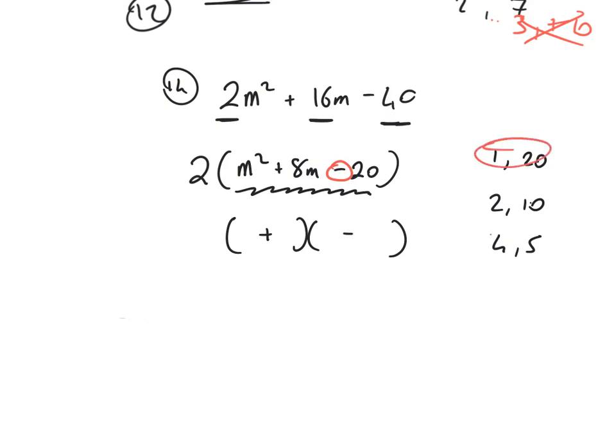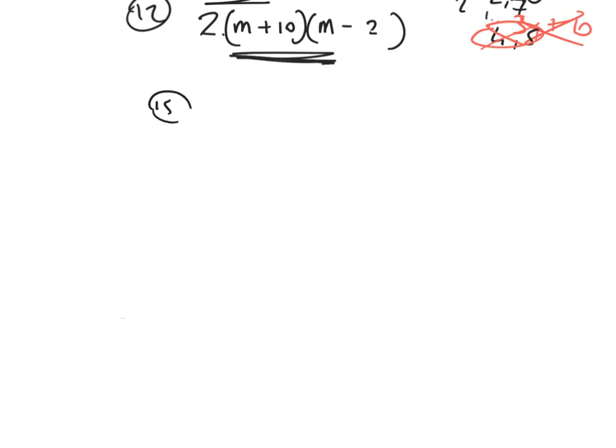So 1 and 20 won't do, 4 and 5 won't do, that's 2 and 10. So it's going to be plus 10 and minus 2. Now, don't forget that there's a 2 at the front, that needs to be included. That was my highest common factor in the first instance.